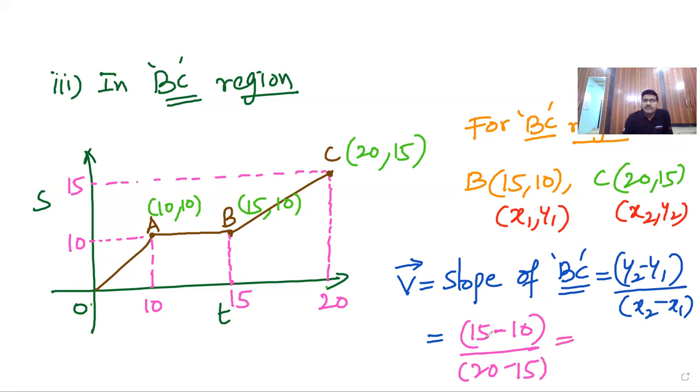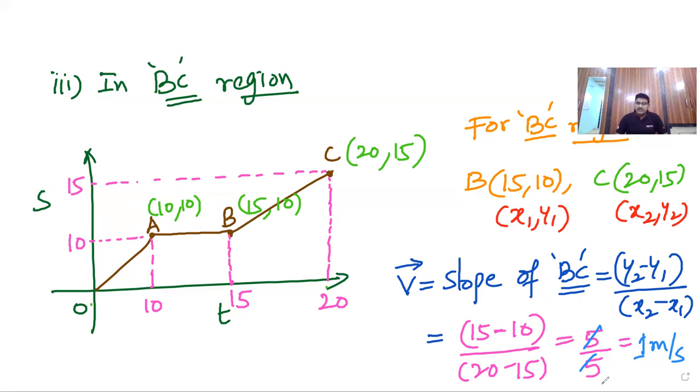So here 15 minus 10 is 5, by 20 minus 15, 5. That means 5 by 5. It becomes 1 meter per second. A plus sign means positive velocity, 1 meter per second is a vector velocity.